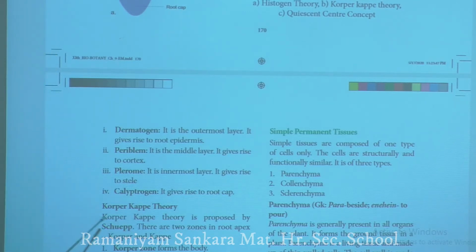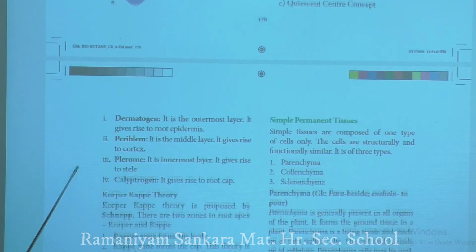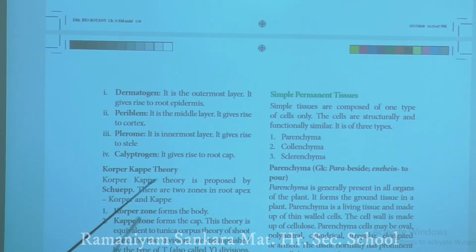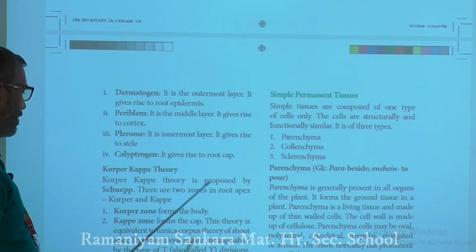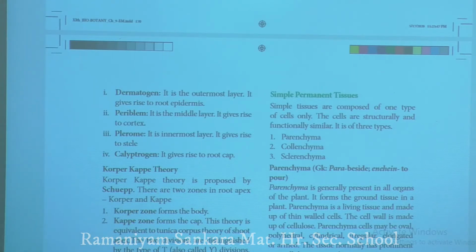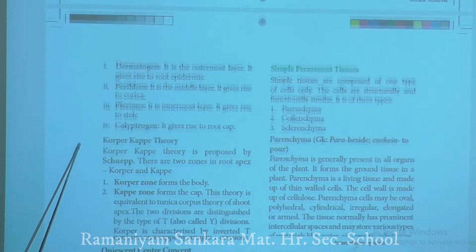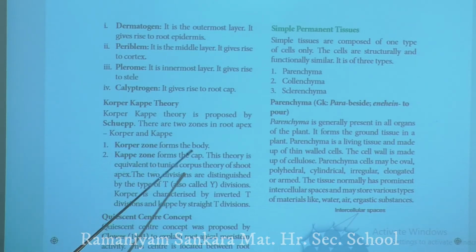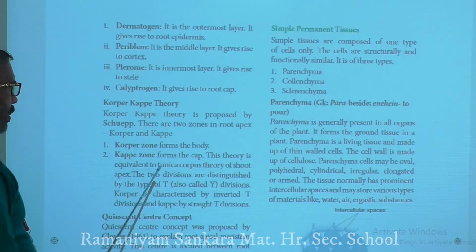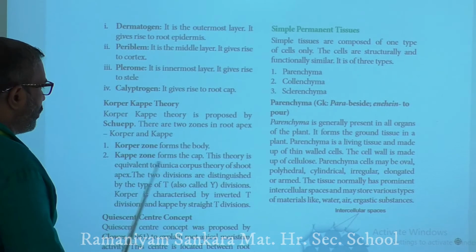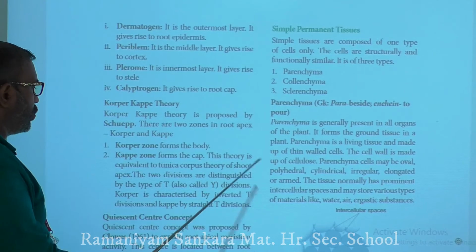Next one, corpus-cap theory. Corpus-cap theory was proposed by Schuepp. There are two zones in the root apex, corpus and cap. The corpus zone forms the body, and the cap zone forms the cap. This theory is equivalent to the tunica corpus theory of the shoot apex.